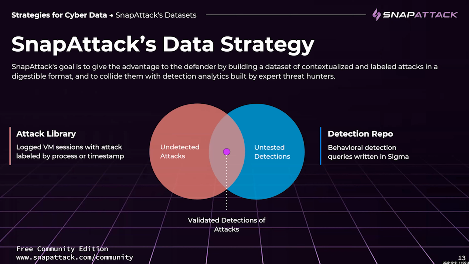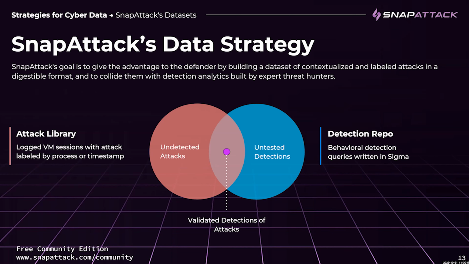SnapAttack is a web platform that we say is for red and blue collaboration, or purple teaming. It's a tool that helps both red and blue teams collaborate and work together. People use it for developing threat detection strategies, doing detection engineering, trying to make better detections, and then deploying those strategies. The reason it works is because we've got these two data sets, the red and the blue data sets.